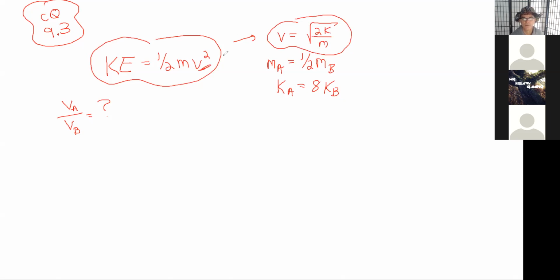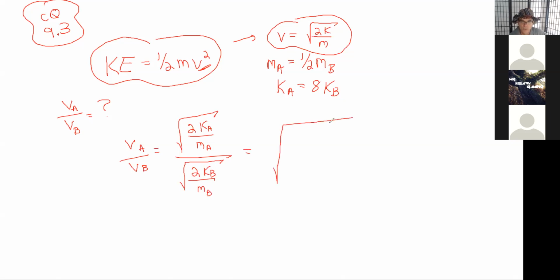That's just me solving this equation for V. So VA over VB is equal to the square root of 2 times the kinetic energy of A over the mass of A, divided by the square root of 2 times the kinetic energy of B over the mass of B. If I simplify, I get the square root of 2 kinetic energy of A over the mass of A, times the mass of B over 2 times the kinetic energy of B, because dividing by a fraction is the same as multiplying by the reciprocal.